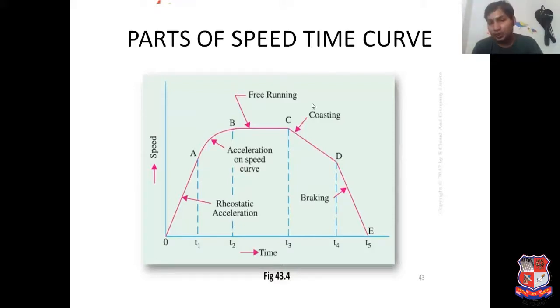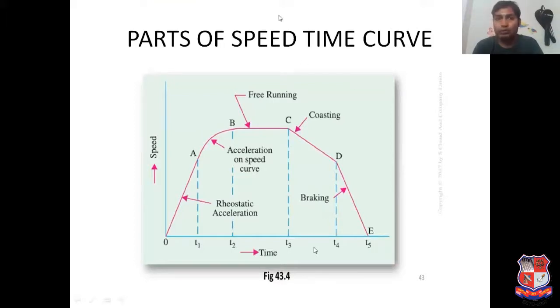So from point C to D, in which supply to the train is removed and the train's velocity decreases because of frictional forces, that is known as coasting period. After the point when braking is applied and finally speed of the train tends to zero, that is known as braking. So here T3 to T4 represents coasting period and T4 to T5 represents braking period.